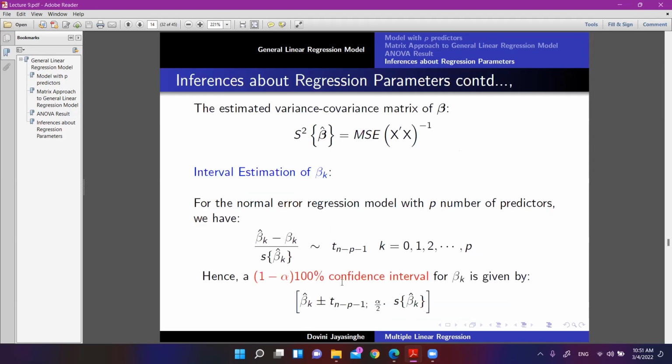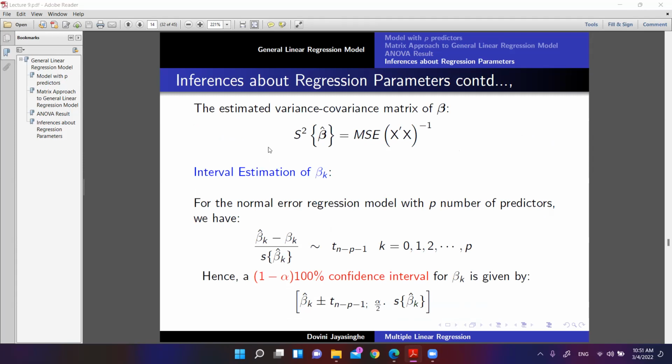Even with the confidence interval, you know that, right? If you construct the confidence interval for all the betas, and if a particular confidence interval includes 0, that means that particular beta is not significant. Let me explain that clearly. Let's assume we have beta naught, beta 1 and beta 2 for the moment, right?